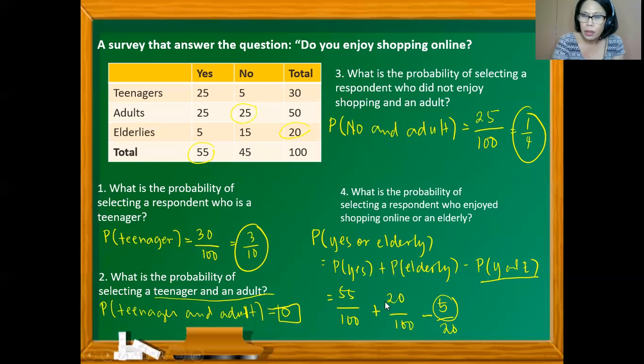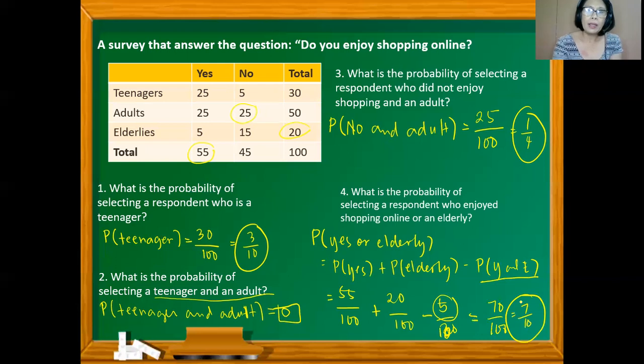So there is an overlapping here. We have to remove that overlapping count, which is 5, which is considered as their joint probability. So the answer here must be 55 plus 20 less 5. So we have 70, all over 100. This has to be over 100. So this is 7 over 10.